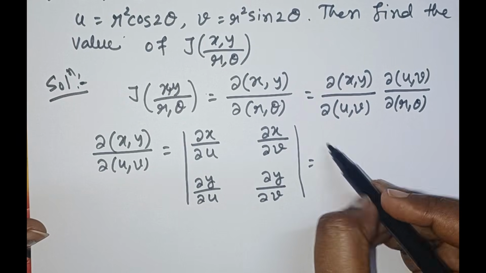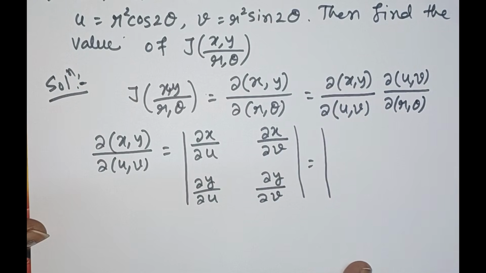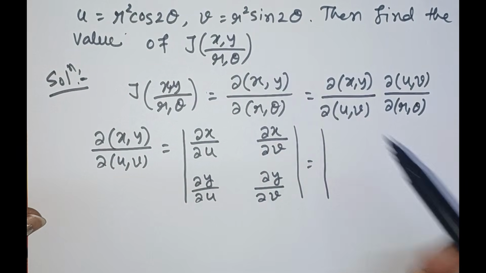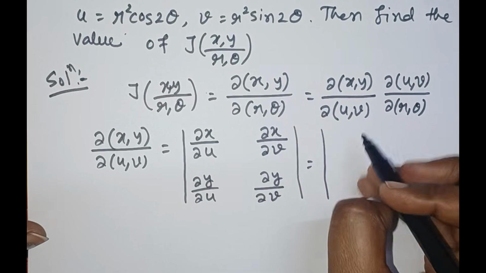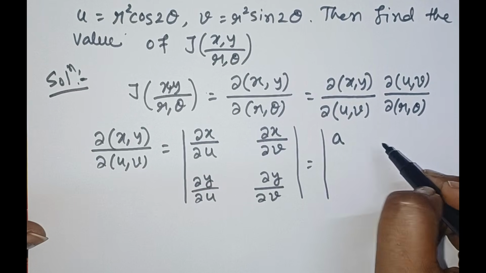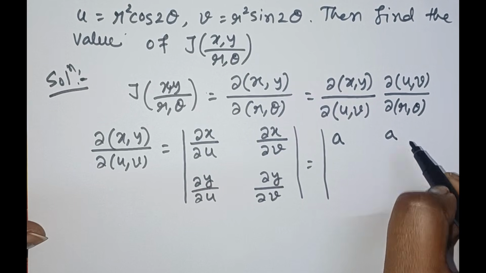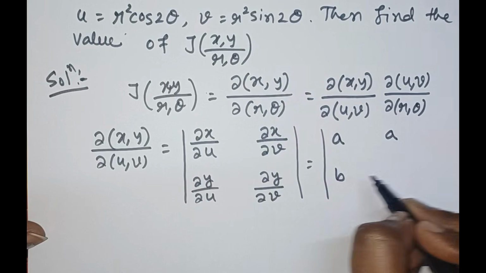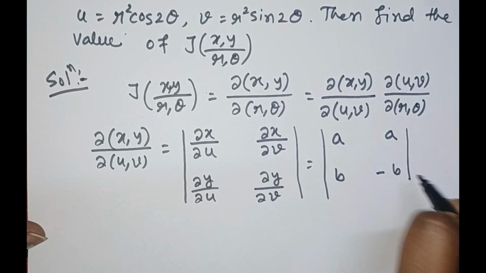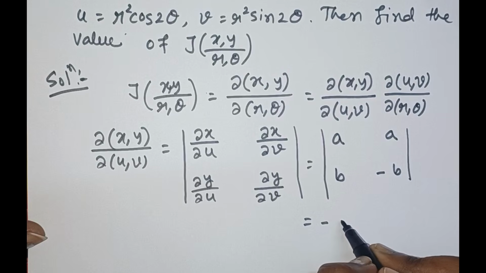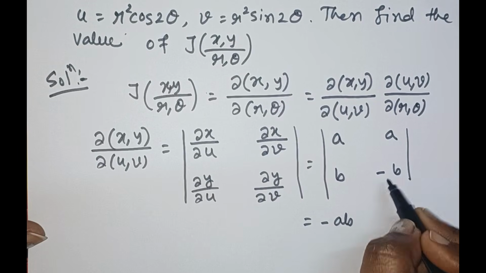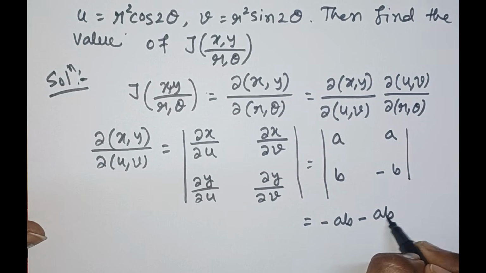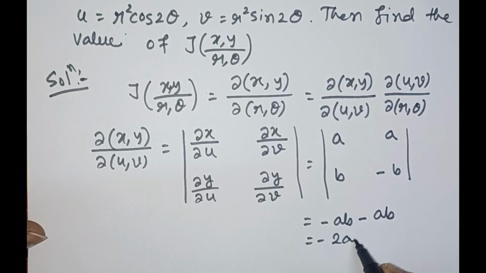Now since x equals a into u plus v, y equals b into u minus v, del x del u equals a, del x del v equals a, and because y equals b into u minus v, del y del u is b and del y del v equals minus b. Hence the determinant is minus ab minus ab, that is minus 2ab.